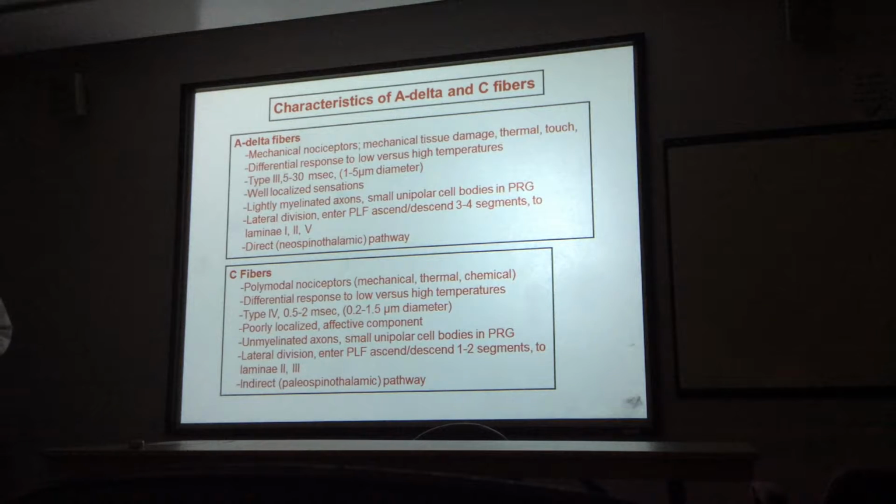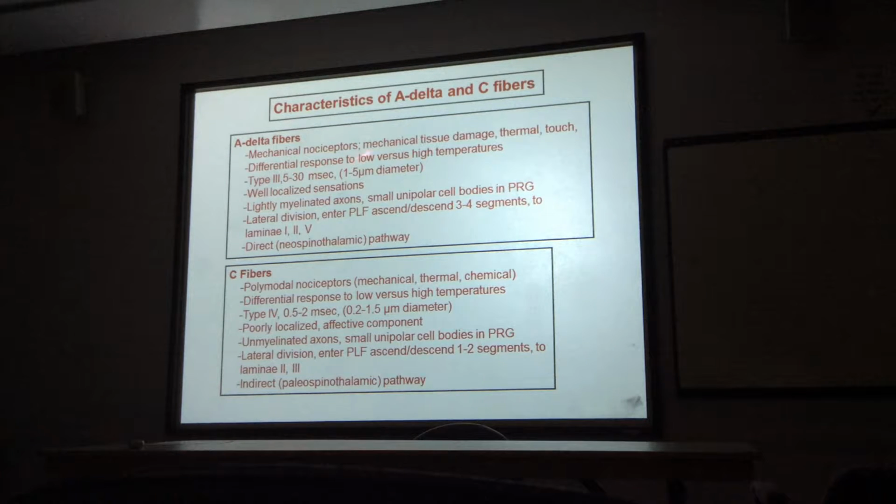Now, these are the characteristics of the two types of fibers that are the predominant contributors to the anterolateral system. And we'll talk about their morphological characteristics in just a minute. A delta fibers are mechanical nociceptors, and they respond to tissue damage, thermal, touch, all kinds of things. That is information related to mechanical stimuli on the skin.